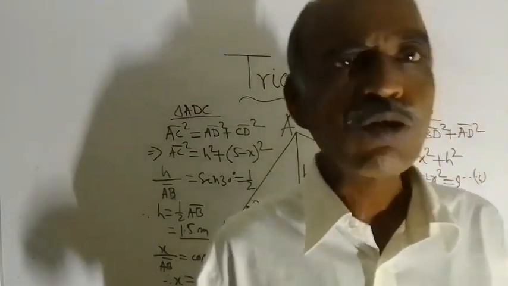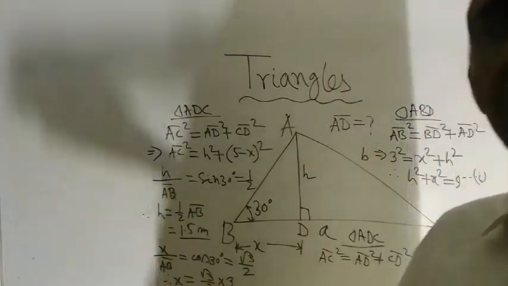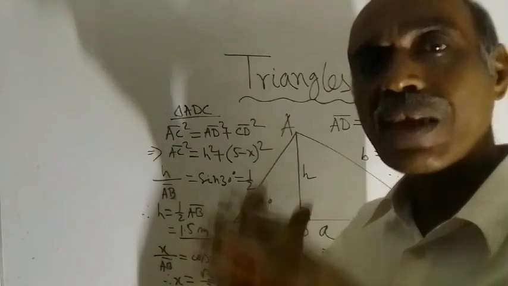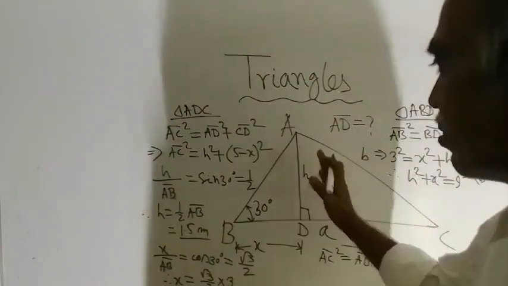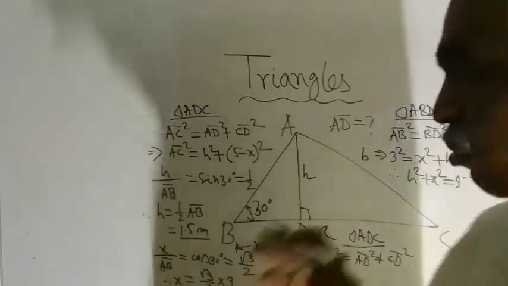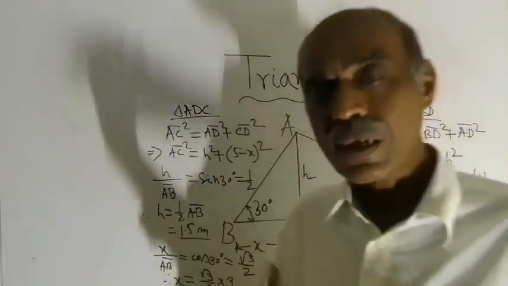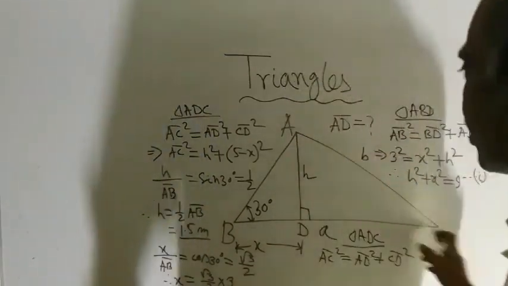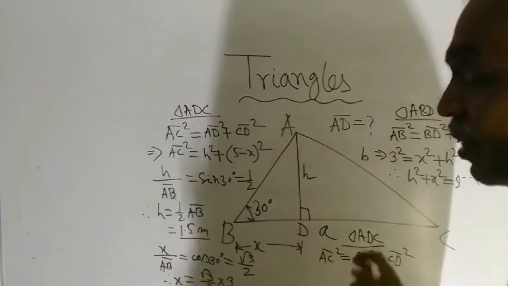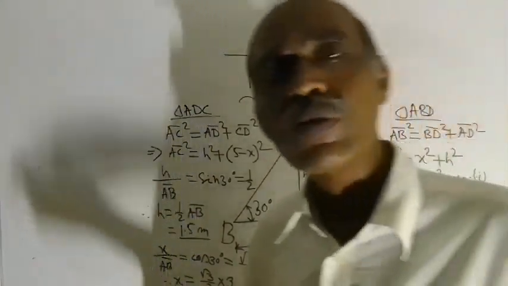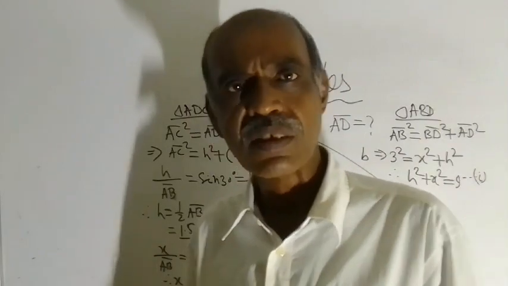So our target was to find only h, and that can be found at the very beginning of the problem: h divided by this length is equal to sin 30 degrees. But if the problem asked for the value of AC, then following this procedure you can easily find it.